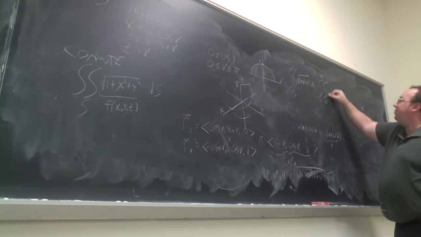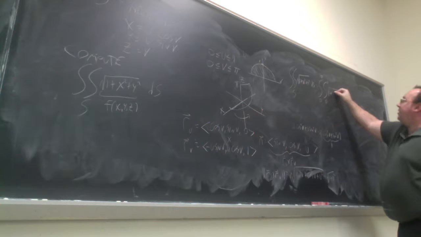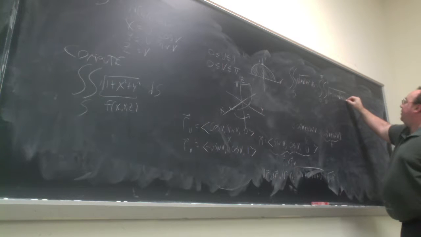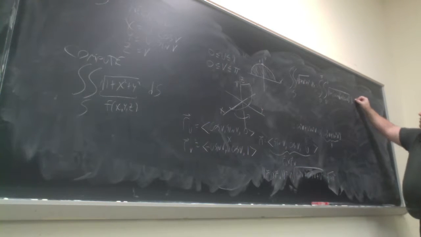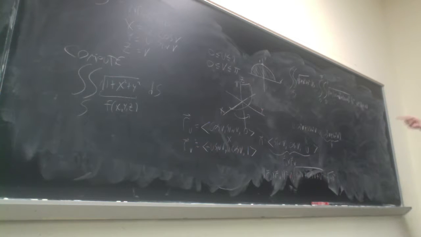So you have to substitute your parametric equations. So I'll fill those in. u cosine v squared plus u sine v squared. And then you have the magnitude of your normal vector that goes there. And that's down here.